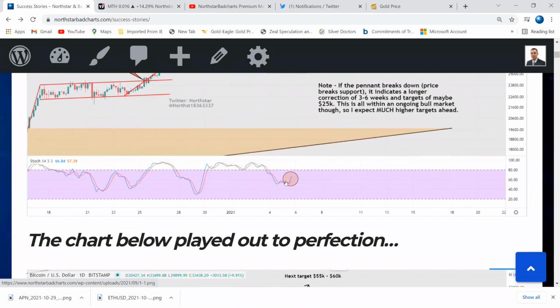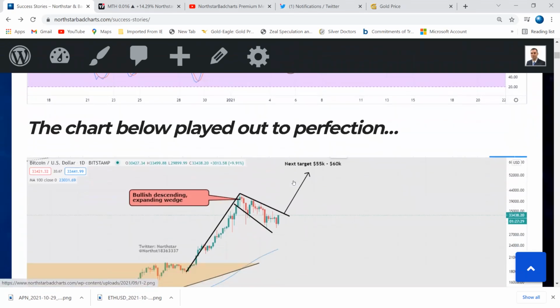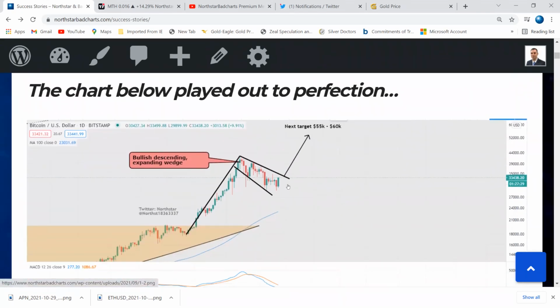And again, the technical indicators were supportive of a move to the upside. That played out to absolute perfection, and you can see that we hit the target area near $43,000 before pulling back and forming yet another bullish expanding wedge.